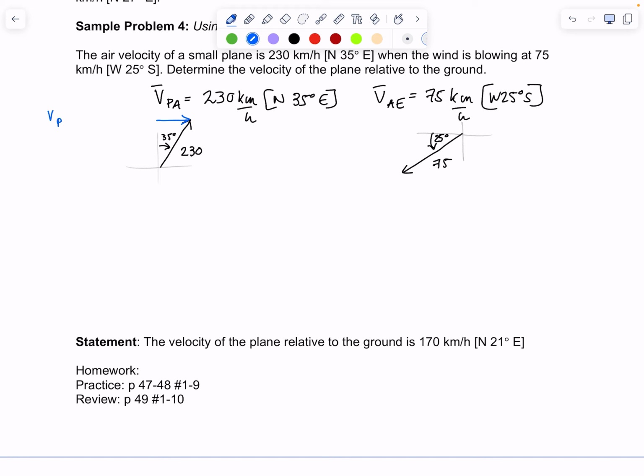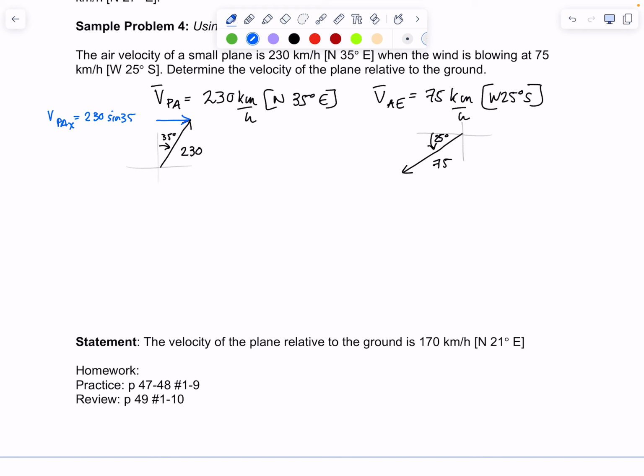The velocity of the plane relative to air in the x direction is going to be 230 sine 35 degrees. This is the opposite with respect to the hypotenuse and the angle.